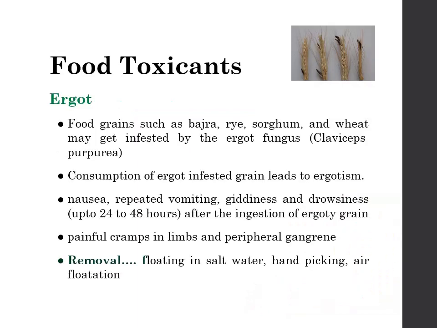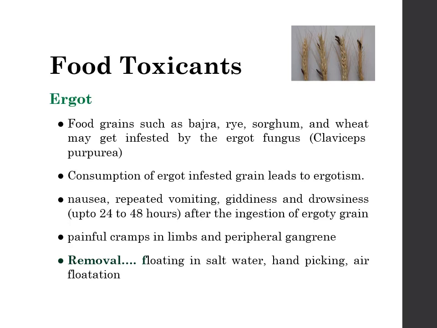Food grains such as bajra, rye, sorghum, and wheat may get infested by the ergot fungus. Consumption of ergot-infested grains leads to ergotism. The symptoms include nausea, repeated vomiting, giddiness, drowsiness after ingestion of ergotic grain.